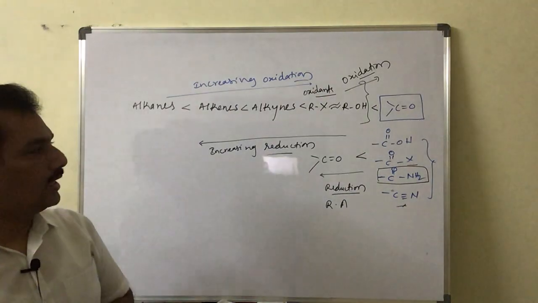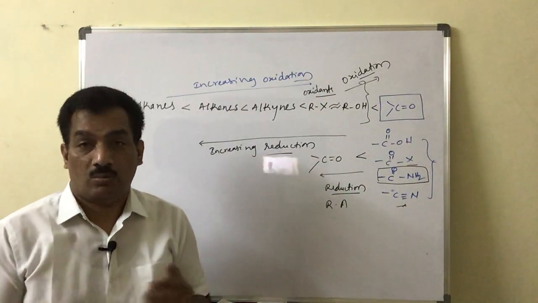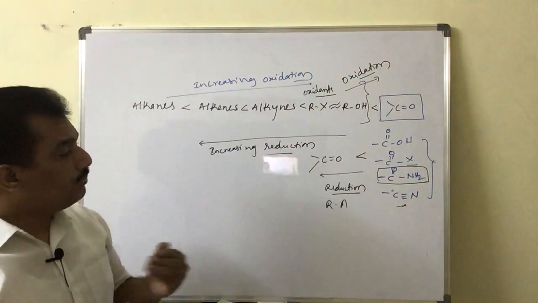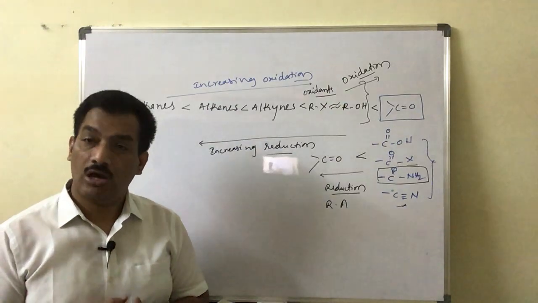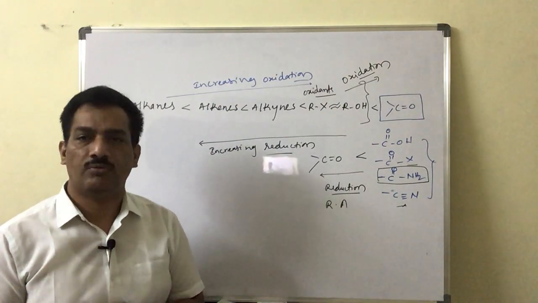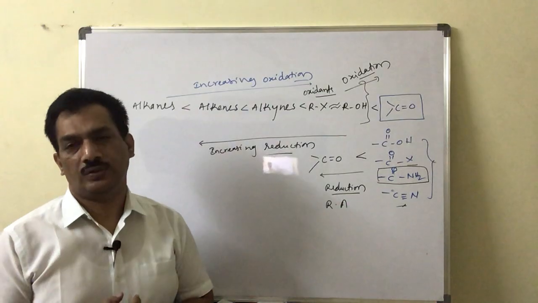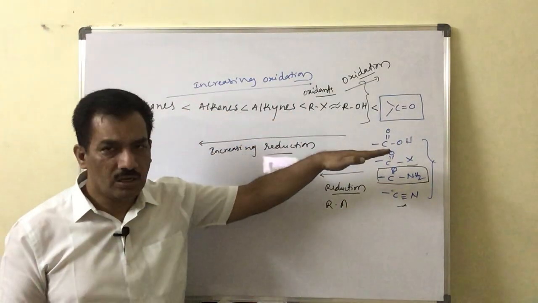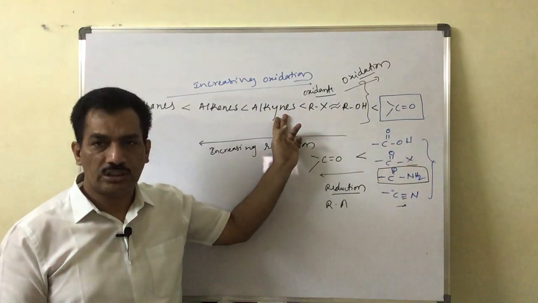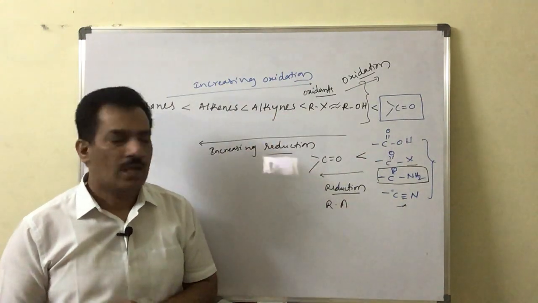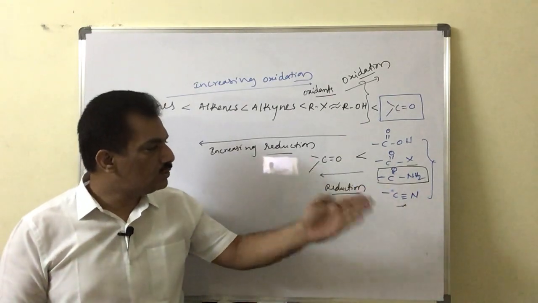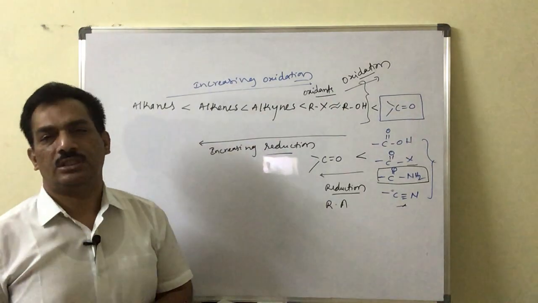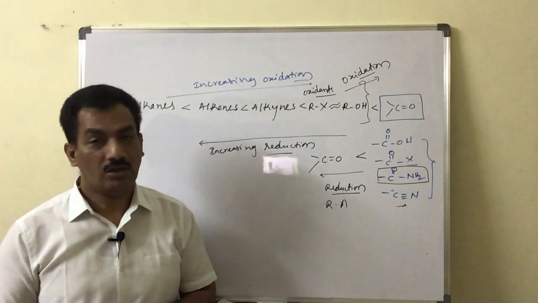Compared to alcohols, carbonyl compounds are more oxidized, and hence we have to use an oxidizing agent, whereas compared to acids and acid derivatives they are less oxidized, that means they are in reduced form, and hence we have to use reducing agents. The process involved in the preparation of carbonyl compounds from these homologous series will be oxidations, and the process used to convert acids or acid derivatives into carbonyl compounds is nothing but reduction. Are you clear with this one?